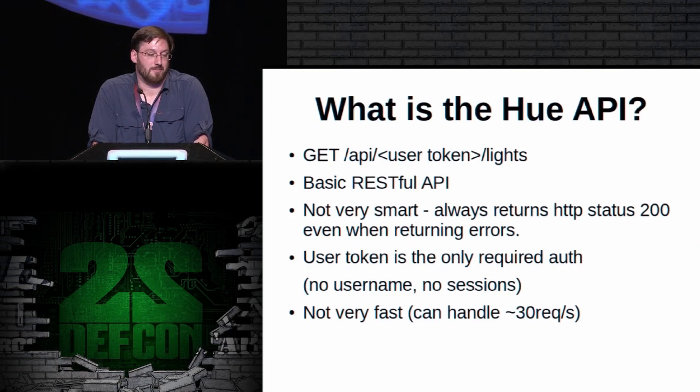There's no username and password, and it's not very fast. Depending on how the device is feeling on any given day, it's between 30 and 60 requests per second that I can talk to. So this is the other limiting factor. It's nice that it's slow because the timing attack we're trying to exploit is more obvious, but it's not nice because it takes a long time to collect the data.